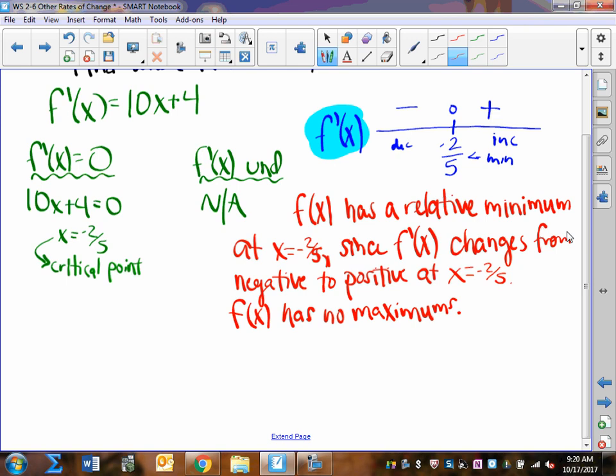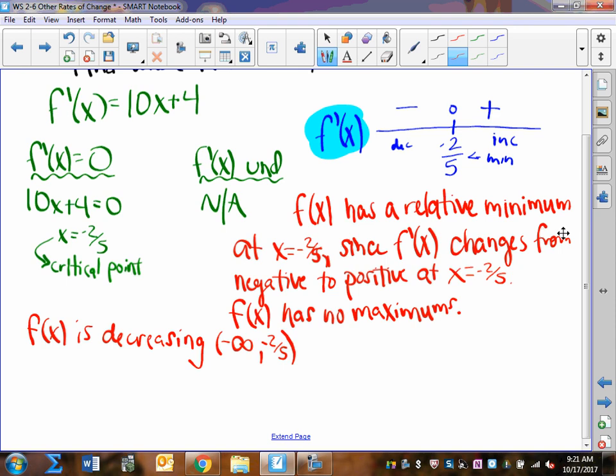Alright, I'm going to start over here. F of x is decreasing. What is the interval for which it is decreasing? Negative infinity to -2/5. Do I include the -2/5? No. We're not going to. This is actually something that's debated in the calculus world. Do you include them?